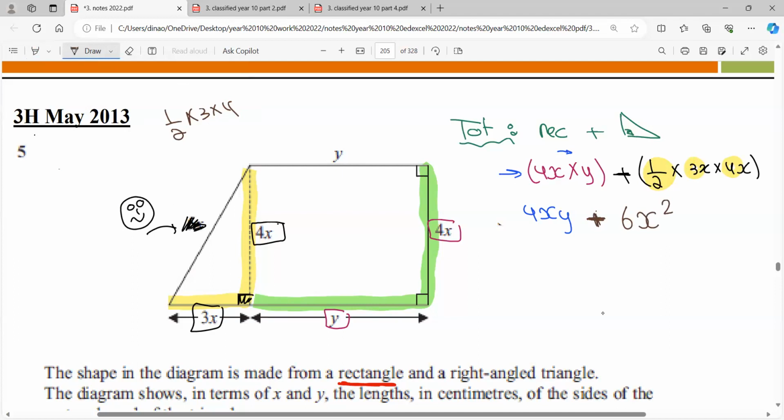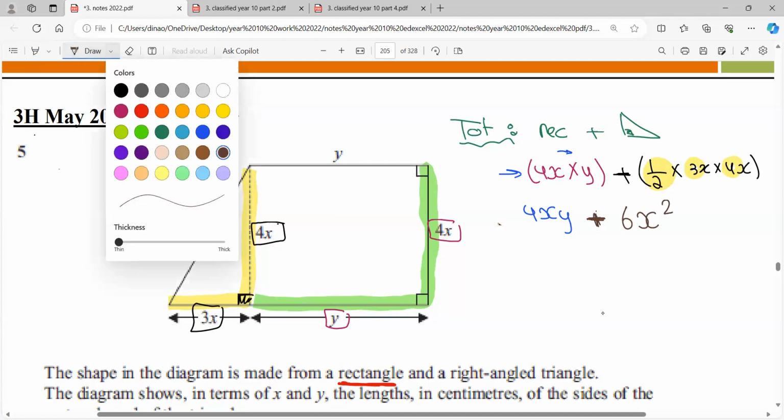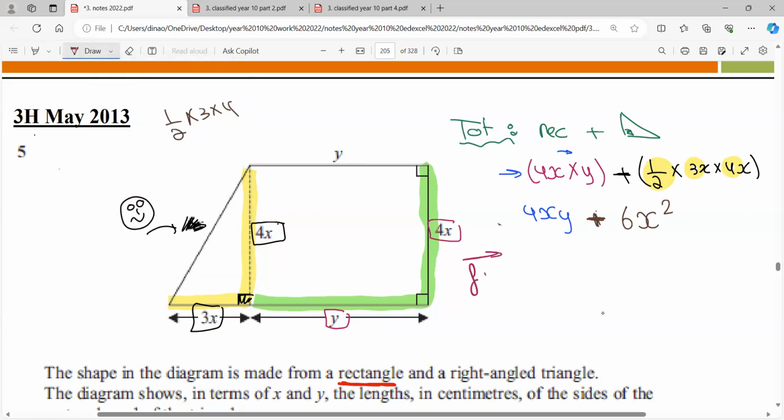Now, if you wish to leave it at this stage, or if you wish to simply factorize it, you can do that. There's no problem. If you wish to factorize, of course 4 and 6, the highest common factor is 2. X and x power 2, you take the smaller x as common, and then you end up with 2y plus 3x. But I guess this would do. This is the simplest form.